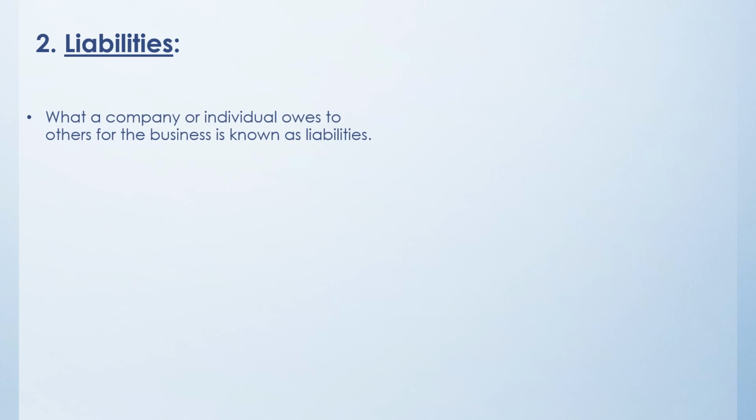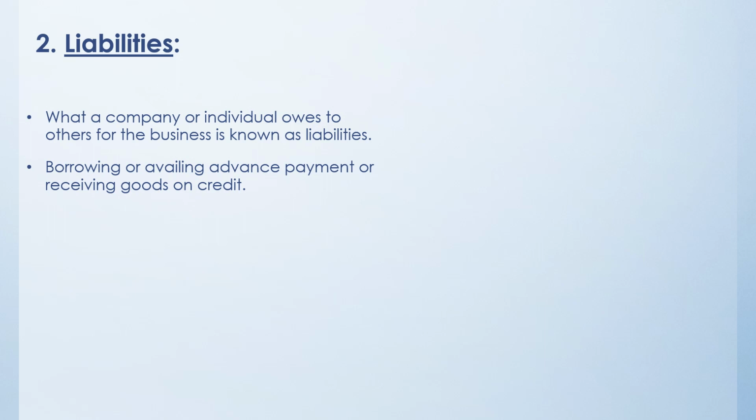So moving on to the liabilities. In formal way, we can say what a company or individual owes to other for business is known as liabilities. In the process of performing business operations, a company may borrow or may avail advance payment or receive goods on credit.